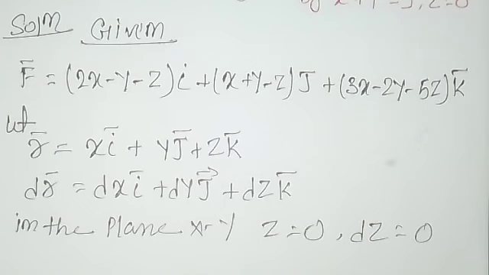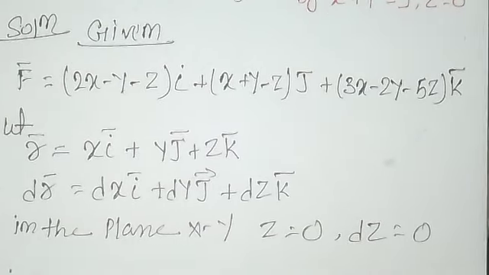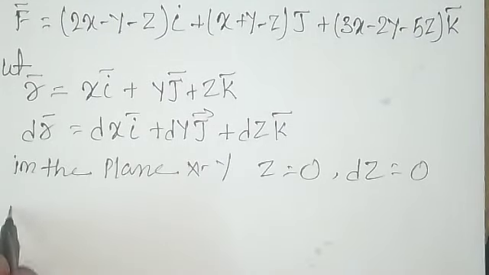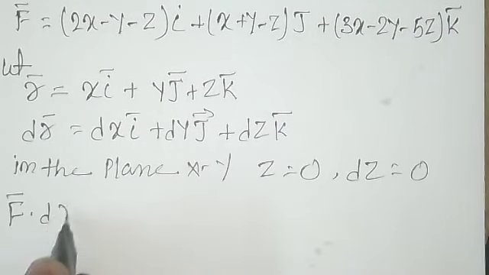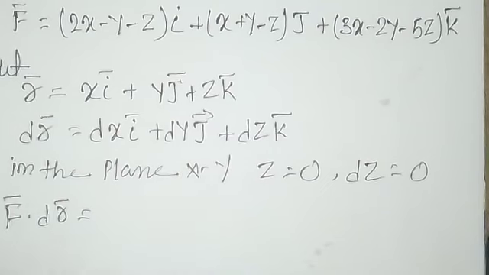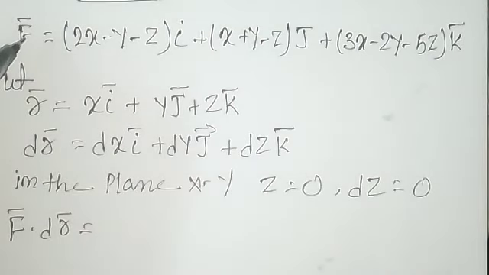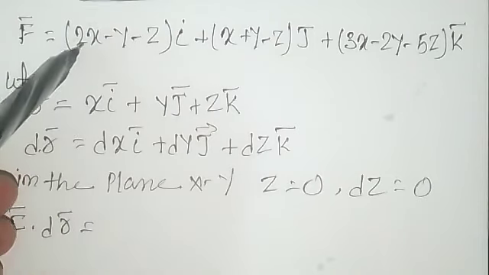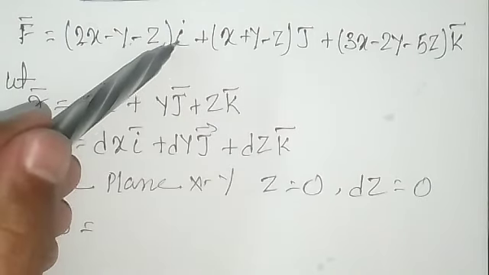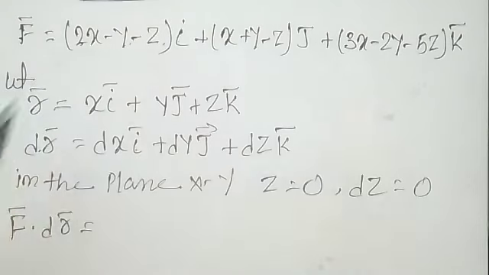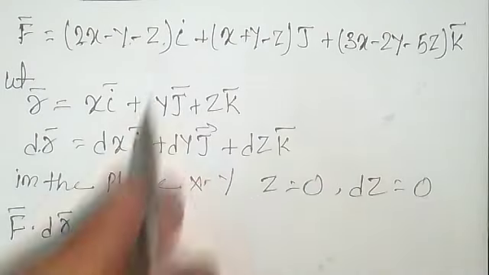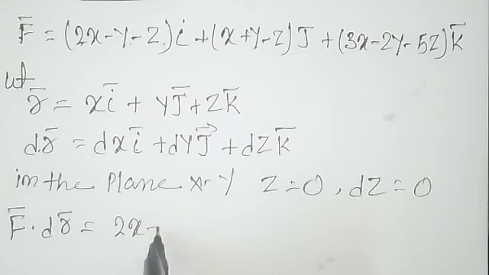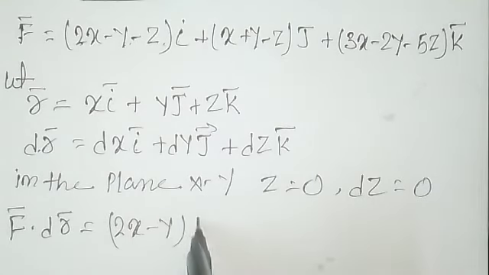All right. Now we need to find the dot product of F and dr. We have to do the dot product F dot dr. So F's i coefficient is 2x minus y minus z, and i dot i is 1. Since the z plane is 0, this is (2x minus y) into dx.